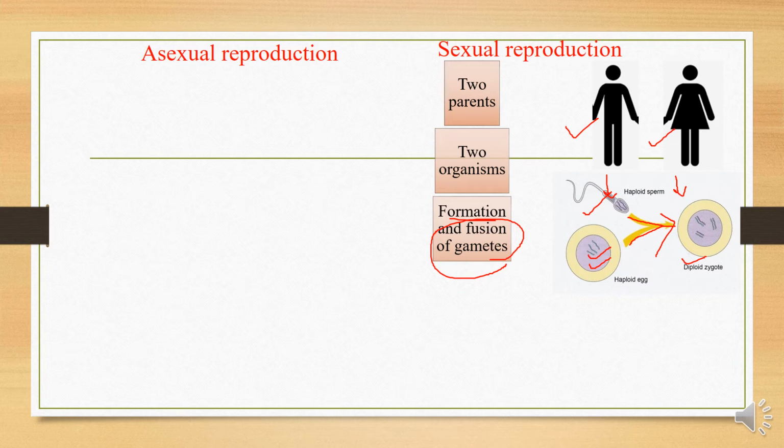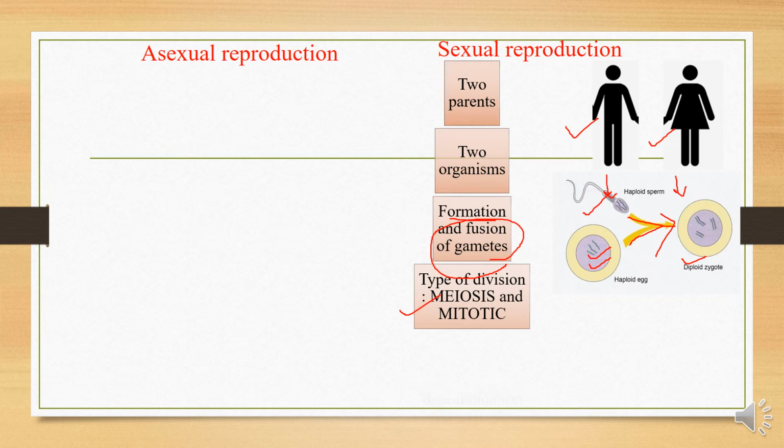Now when this formation and fusion of gametes is taking place, we can observe that in sexual reproduction, both types of division take place: meiosis as well as mitosis, or mitotic division.